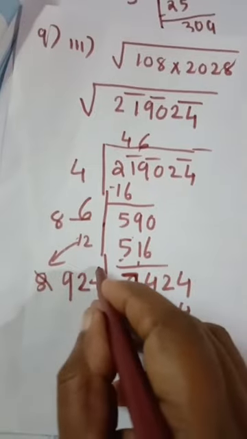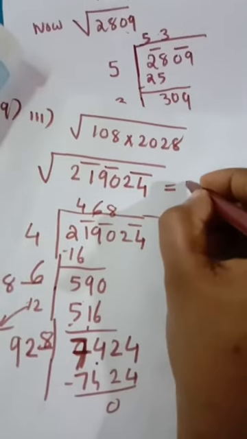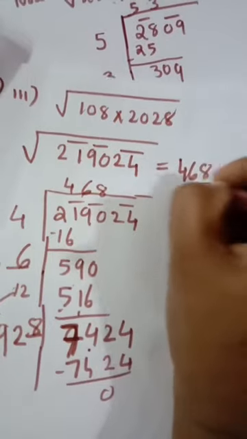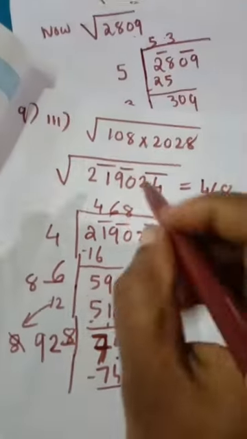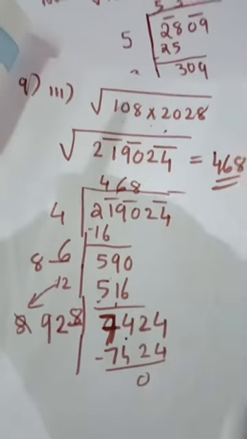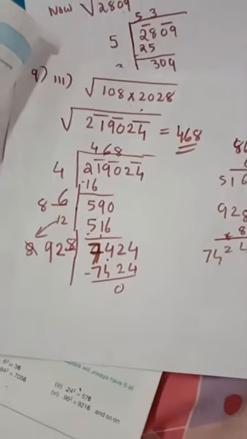Here 8, here also 8. So the answer is root 2,19,024 is 468. Clear? So first you have to multiply 108 into 2028. Clear? Thank you. Have a nice day.